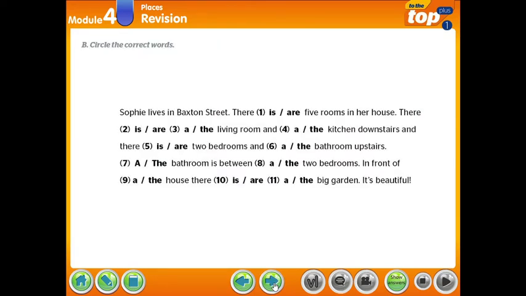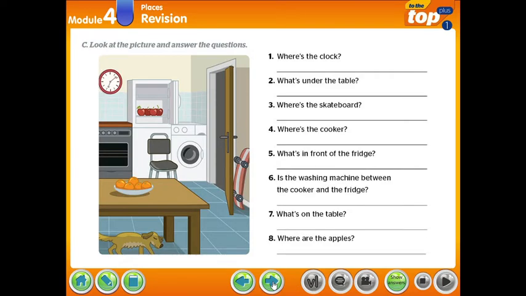And now circle the right word. Either it is the article or the verb. Choose the right one. Here are the answers. You may check now. Let's move to the questions and the answers.